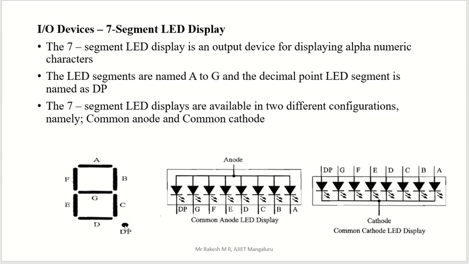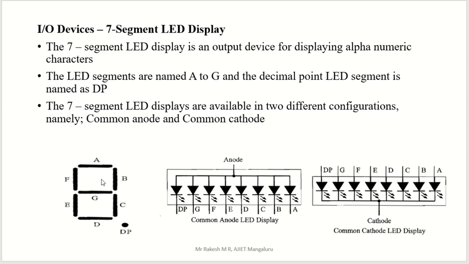If you need it, you can switch it on, otherwise you can switch it off. If you want to display number 1, either F and E are on or B and C are on, and the remaining are all off. If you want to display number 3, A is on, B is on, G is on, C is on, D is on, and the remaining are all off. Like this we perform operations in the 7-segment LED display.